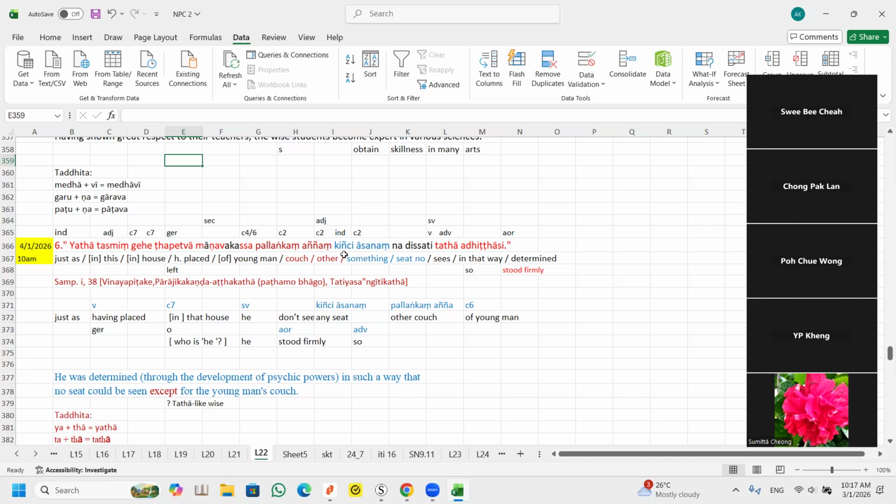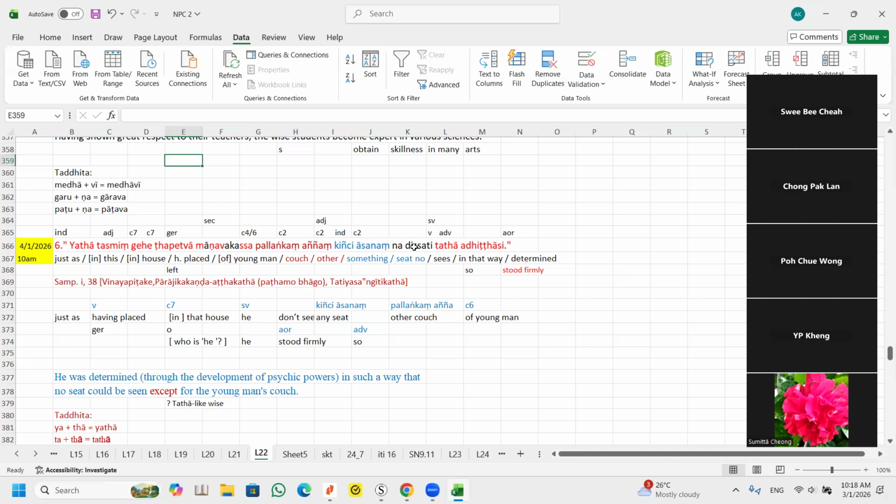Then the next part is you see this one, na disati. This is third person singular. So when you combine this, it means he did not see. So this is subject and verb. He did not see.